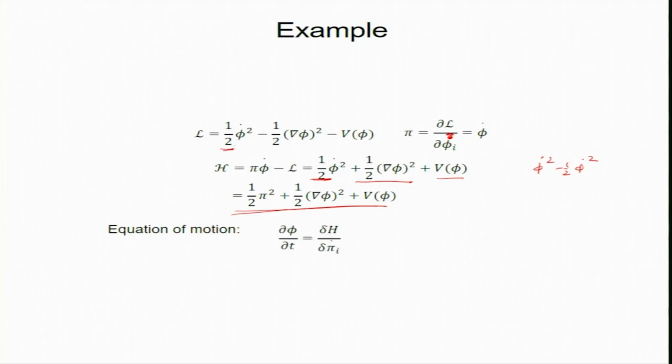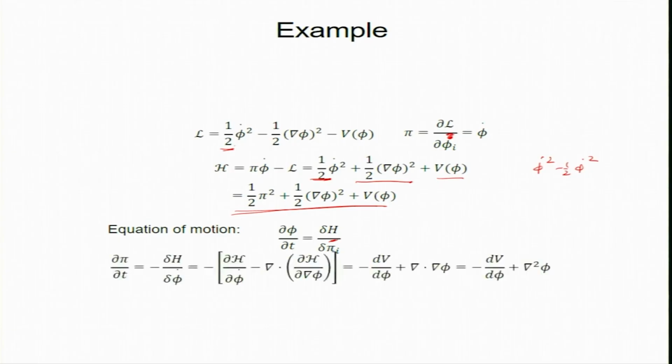Okay, so the equation of motion. Phi dot is delta H delta pi i, and i equals 1 since this is 1D. So this gives phi dot equal to delta H by delta pi, which will be pi. Now pi dot is minus delta H by delta phi, there is a minus sign here.